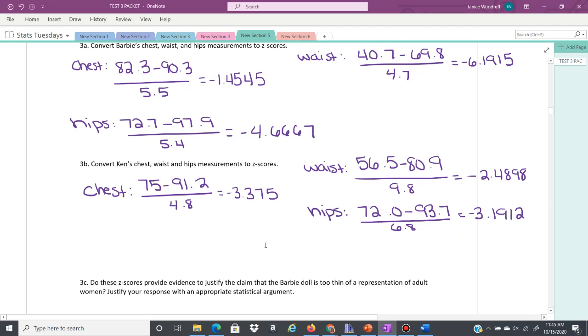Okay, and then part 3C, do these z-scores provide evidence to justify the claim that Barbie doll is too thin of a representation of adult women? Justify your response with an appropriate statistical argument.